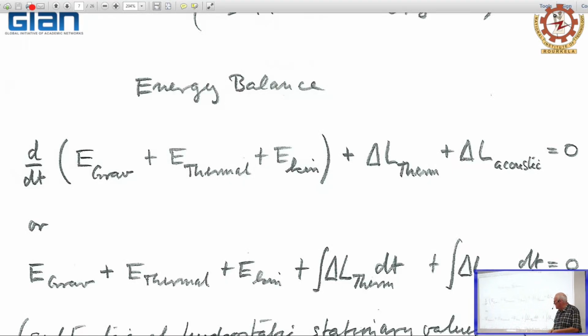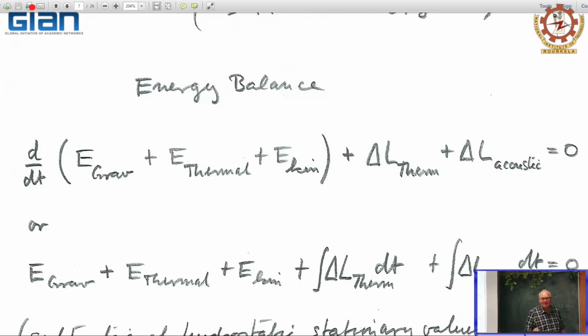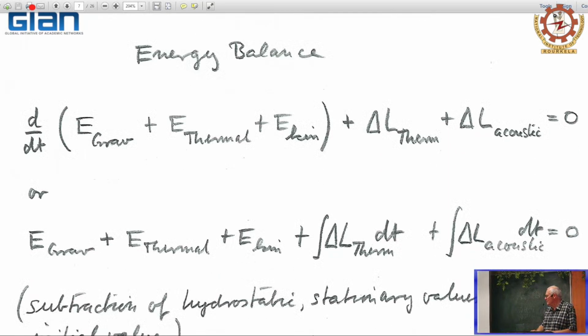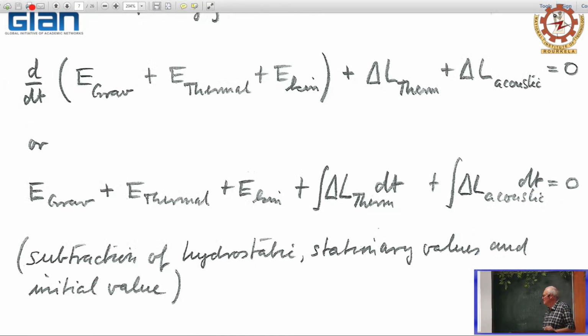Or we take the time integral of the energy balance, then the sum of gravitational, thermal, and kinetic energy plus the integral over the thermal energy plus the integral over the acoustic energy should be constant. Once you subtract the initial or stationary values, it is zero.